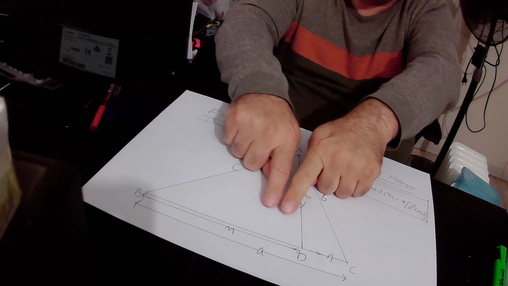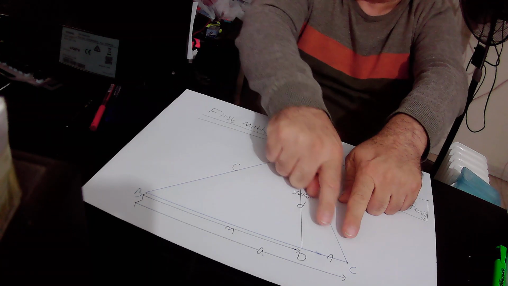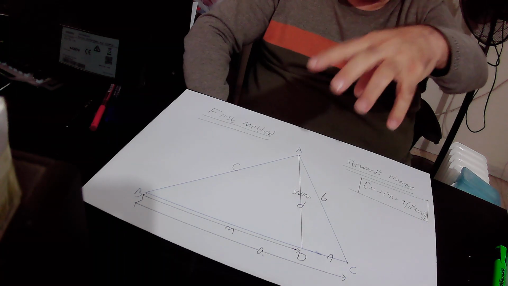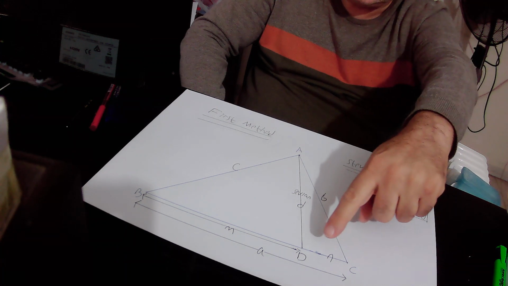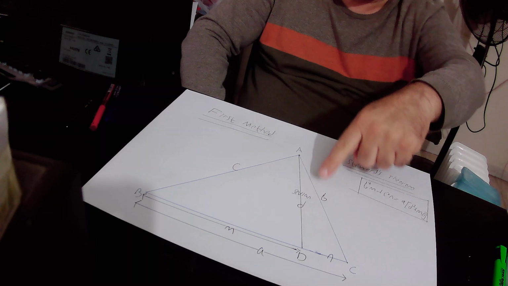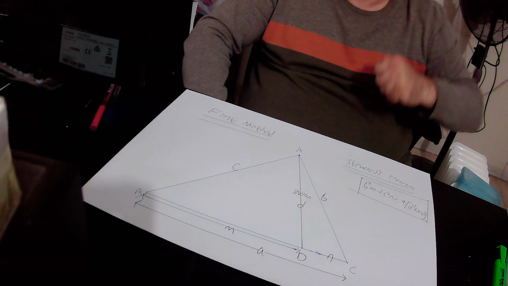In addition, we know that line segment BD equals M units and line segment DC equals N units. And the cevian in this triangle ABC is line segment AD. The length of the cevian AD is equal to D units in its length.